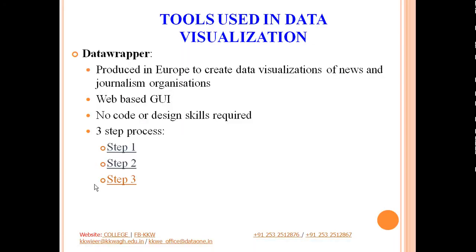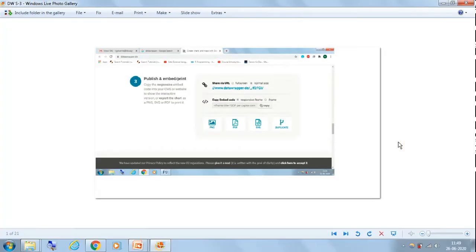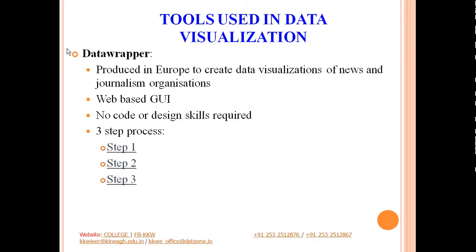Then step 3 is publish and embed or print your content. Once your data is visualized, it is up to you if you want to publish it or embed it somewhere, or if you want to take a print of that visualization. So this is a 3-step process if you want to make use of the Data Wrapper tool.